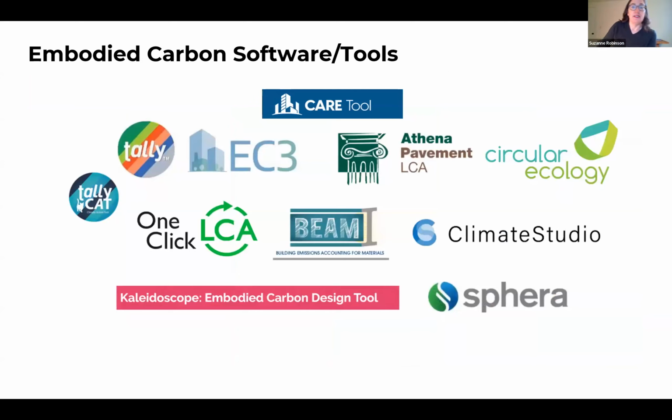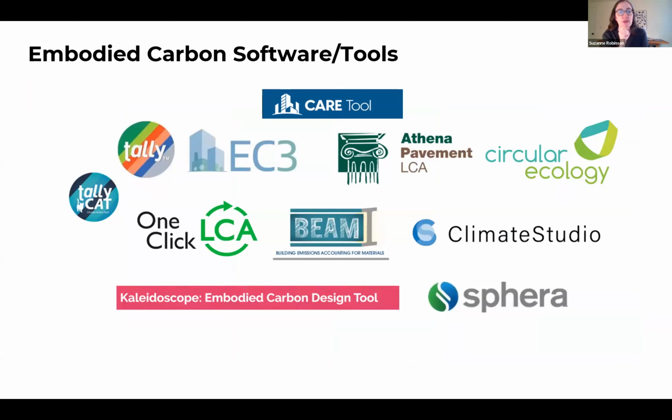The other element here is to consider the software. There are a lot of software tools out there that look at various aspects of embodied carbon. They're still early days in development, and so there's not one main software tool that's head of the pack, kind of equivalent to Revit or something like that.